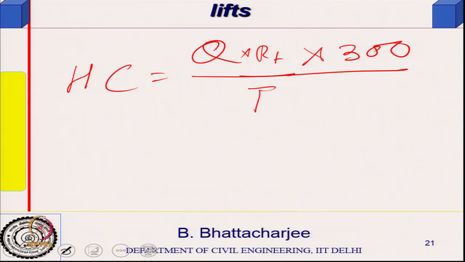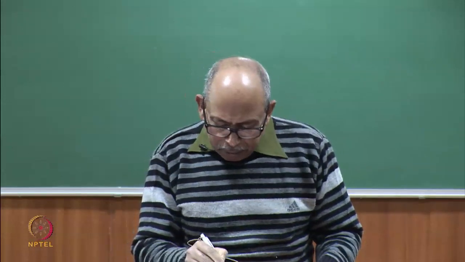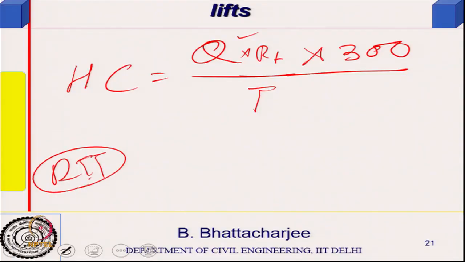If RT is the round trip time, sometimes I might have used RTT, whatever it is, RT is the notation I might use. So RT divided by T is the number of trips, right, because T is the waiting interval.